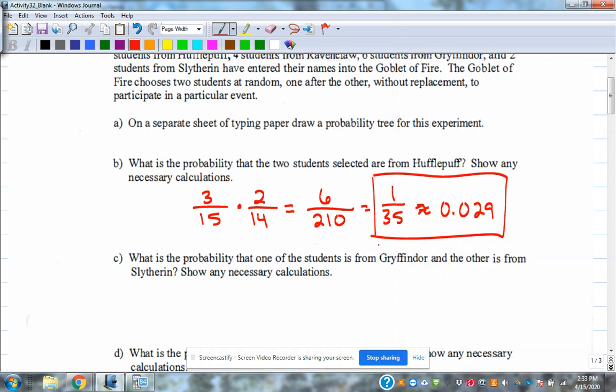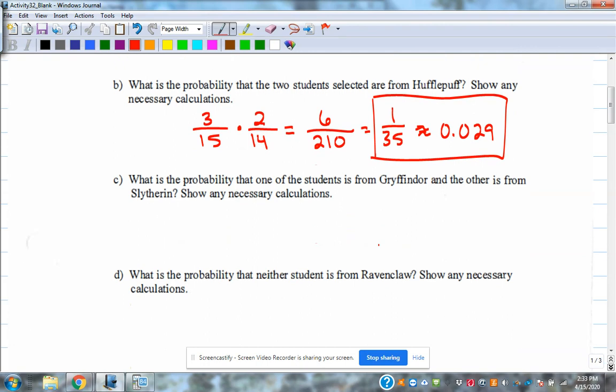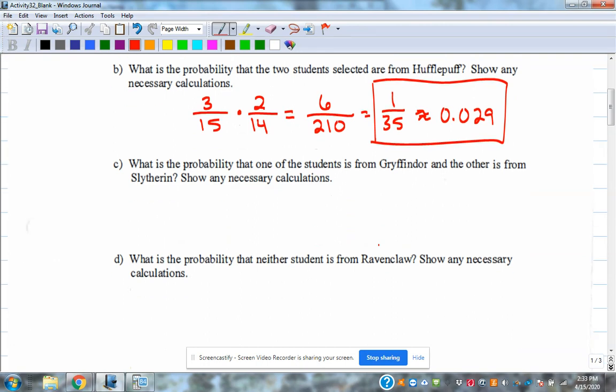All right, C part. What's the probability that one of the students is from Gryffindor and the other is from Slytherin? Show any necessary calculations. Okay, so Gryffindor, and then the other from Slytherin. It doesn't say which one gets chosen first.